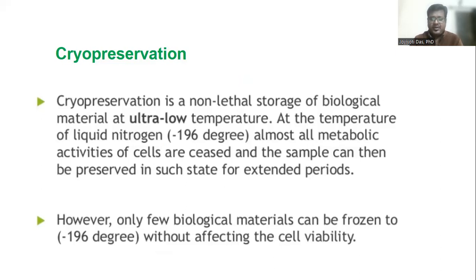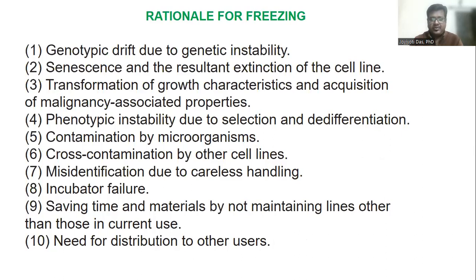We're talking of a temperature of minus 196 degrees Celsius, where almost all metabolic activities of cells cease. In such a state, the sample can be preserved for extended periods of time. However, only few biological materials can be frozen without affecting the cell viability. So we are going to talk about that.